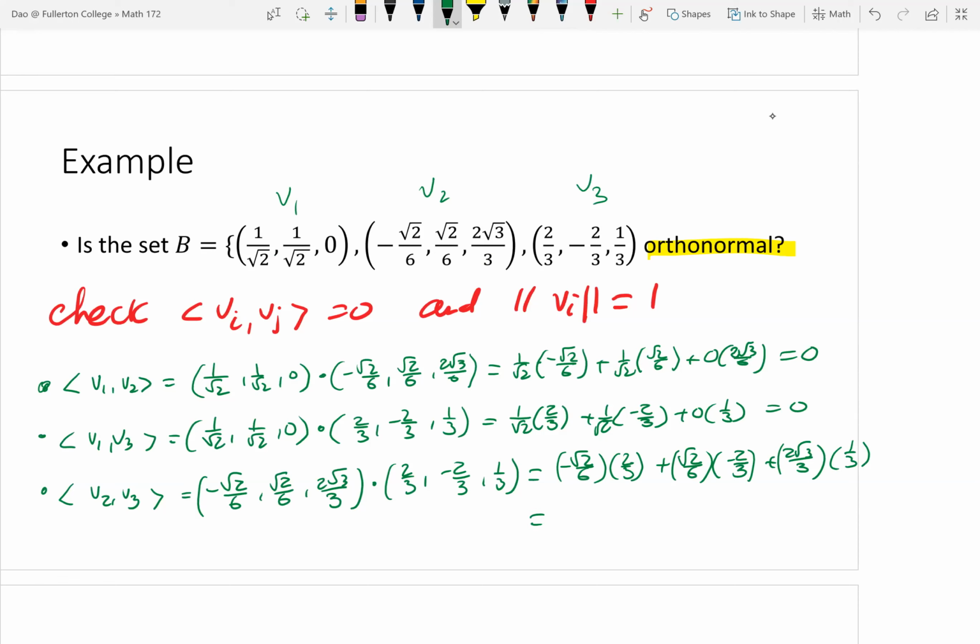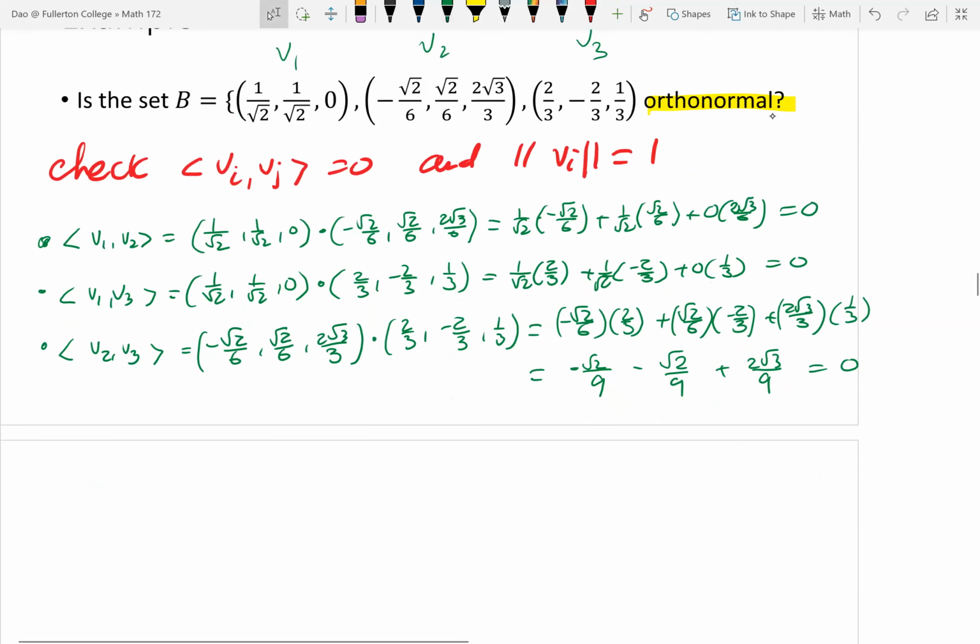So there's some cancellation here. You get negative rad 2 over 9, another minus rad 2 over 9, and then plus 2 rad 3 over 9. So the answer will be 0. So this one is good.